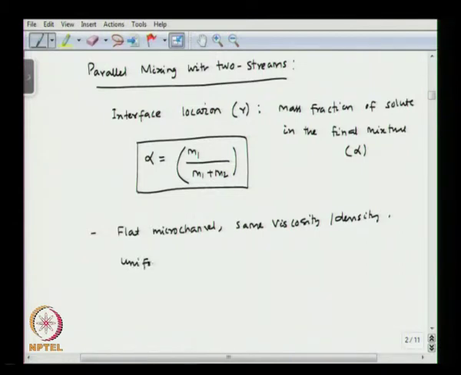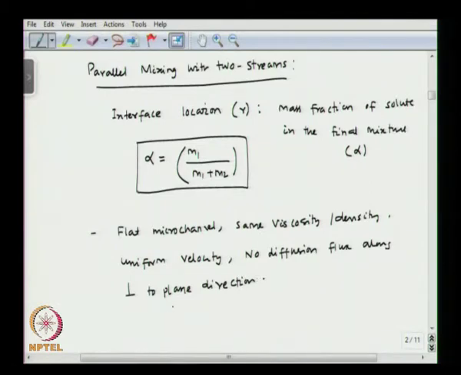So, it is a uniform velocity condition. So, velocity does not change in the axial direction, and we say there is no diffusion flux perpendicular to the plane direction. Okay.